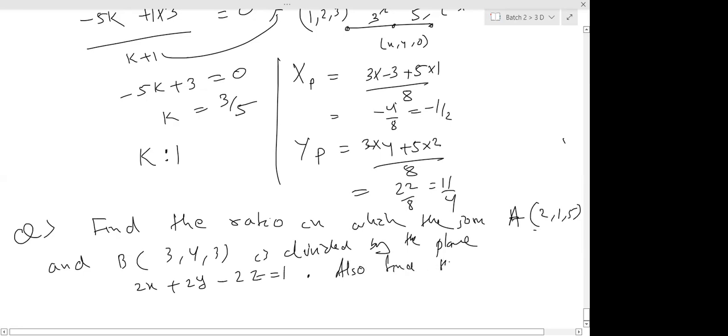Also find the coordinates of the point of division.